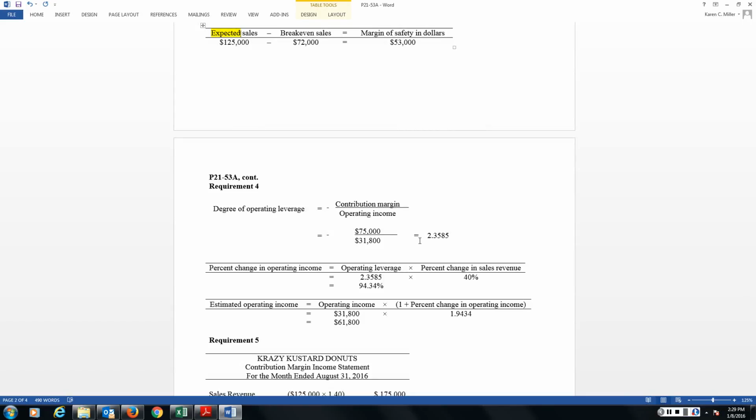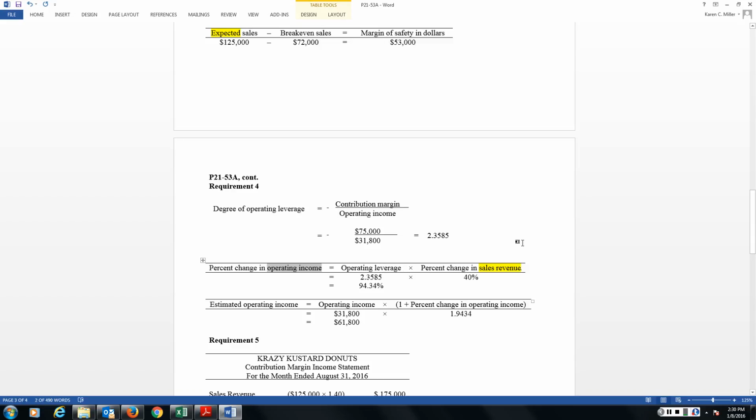2.3585. And so we can calculate a percentage change in sales revenue, this is where we started, if our sales increase by 40%. My operating leverage is 2.35. How would that impact my operating income? Once again, it's really just a prediction.